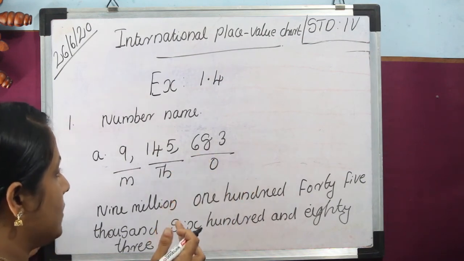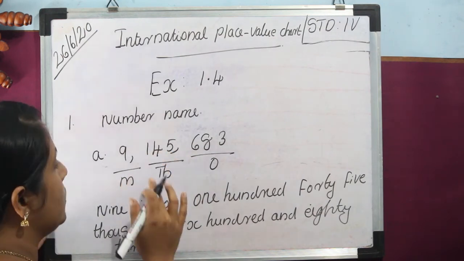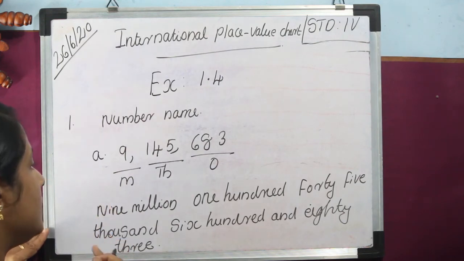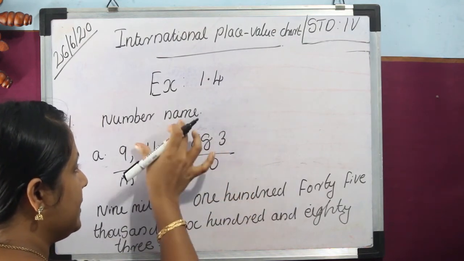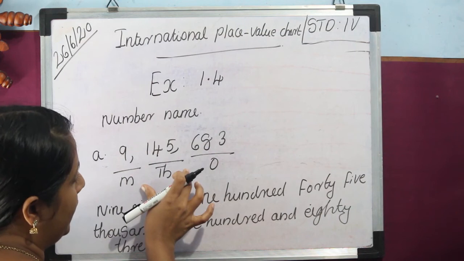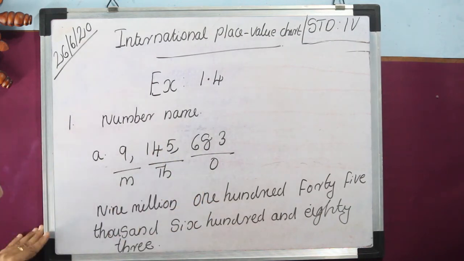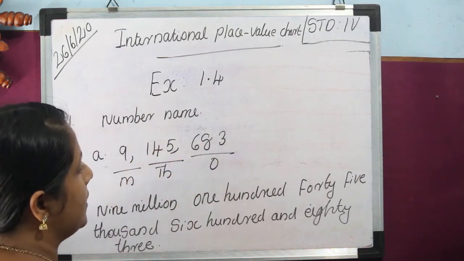Second period is thousand, there are three places: thousand, 10,000 and 100,000. And the last period is million, there is only one place, that is million. So we write these three numbers as the ones period, and these three numbers as the thousand period, and the last number is million. So we write the number as 9,145,683.